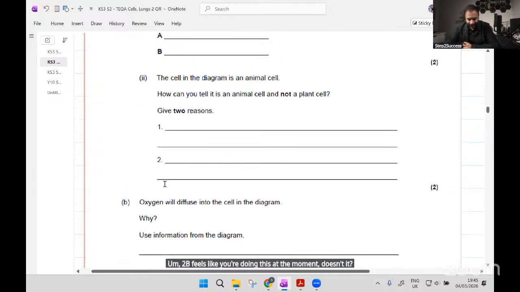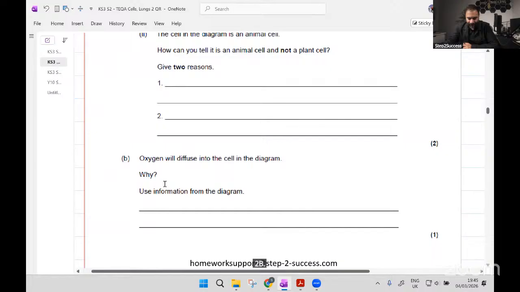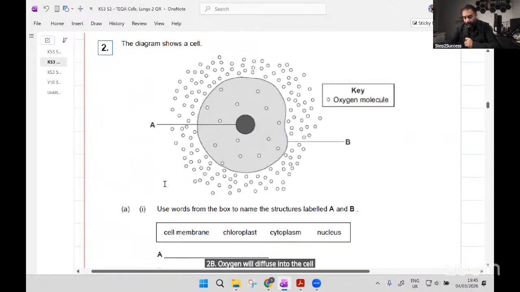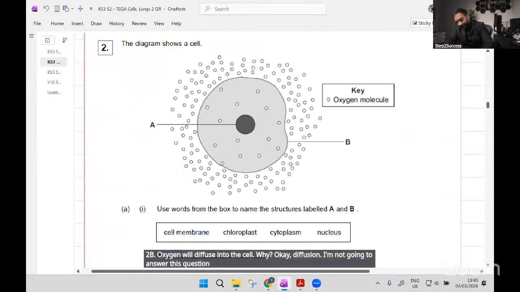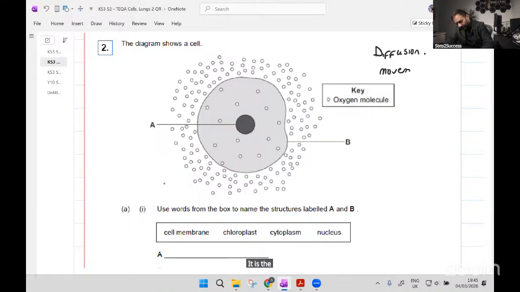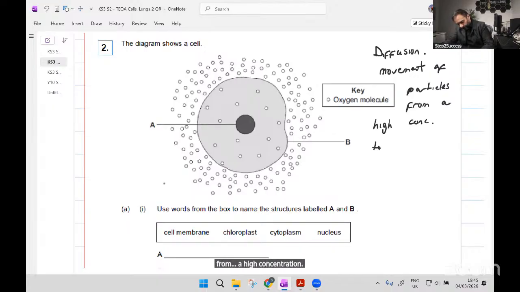2B. Oxygen will diffuse into the cell. Why? Okay, diffusion. I'm not going to answer this question directly. I'm going to tell you that diffusion has a definition. It is the movement of particles from a high concentration to a low concentration.